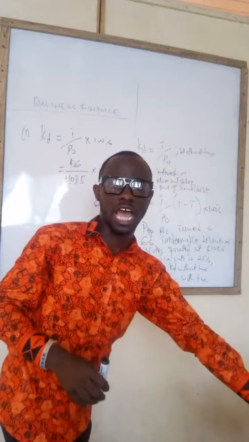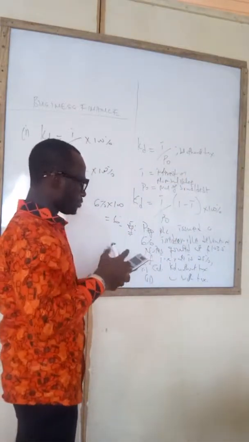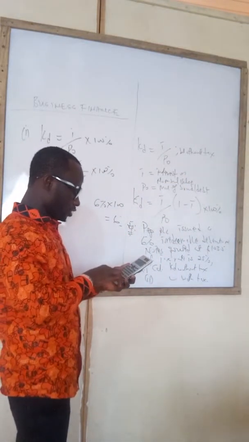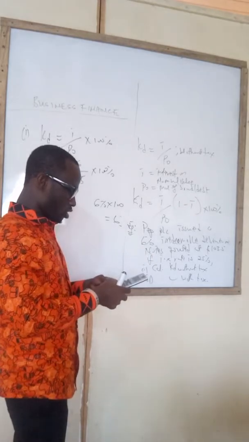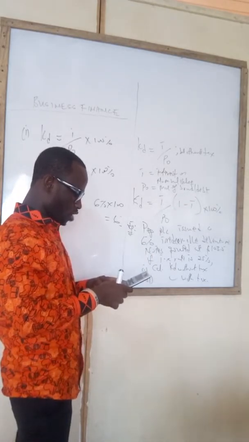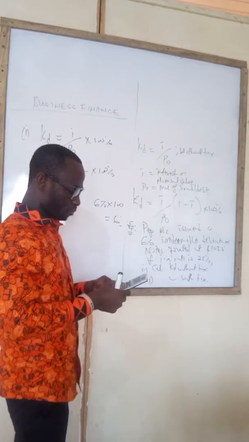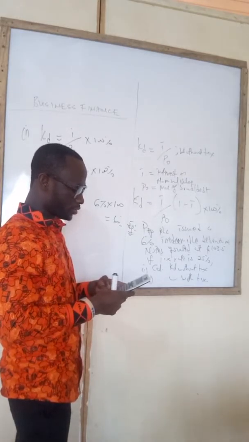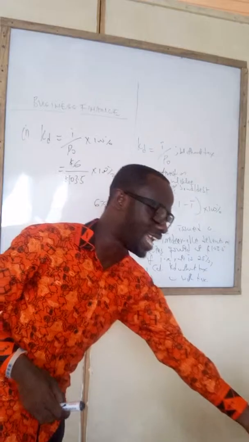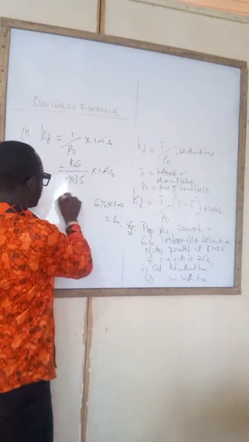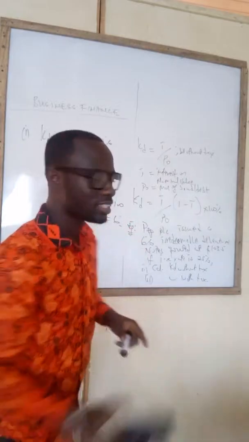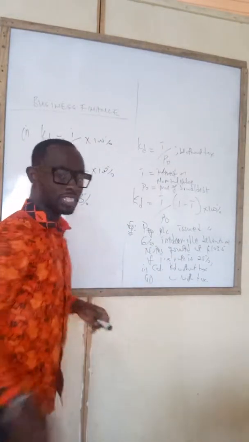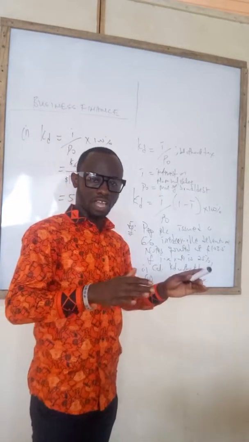So let's punch that out. I have my Casio here. So 6 over 103.5 times 100, and that's 5.8%. All right. So that is how we calculate the KD without tax.